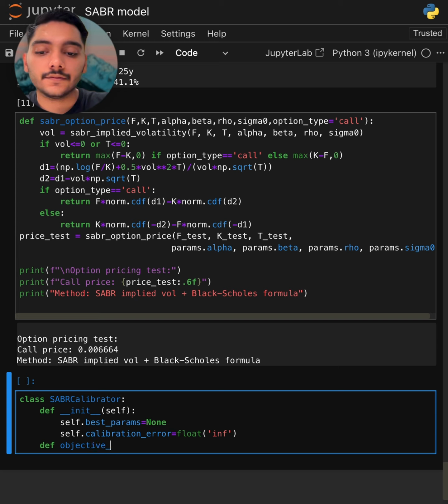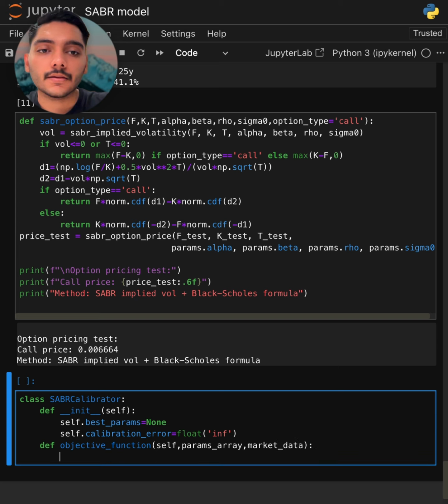And then I will define def objective function, self, parameters array, market data. So the objective is to minimize the weighted sum of squared errors. So alpha, beta, rho is equal to parameters array.